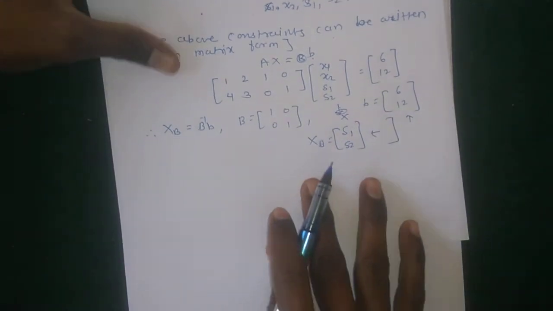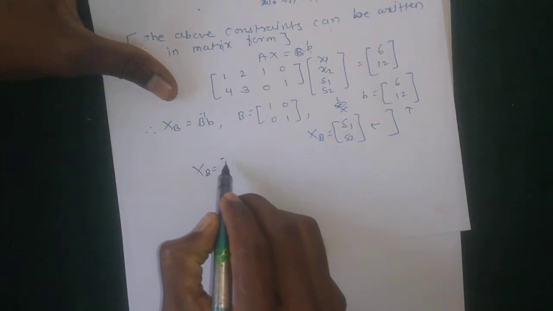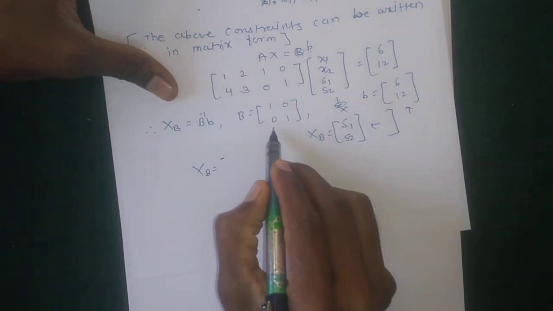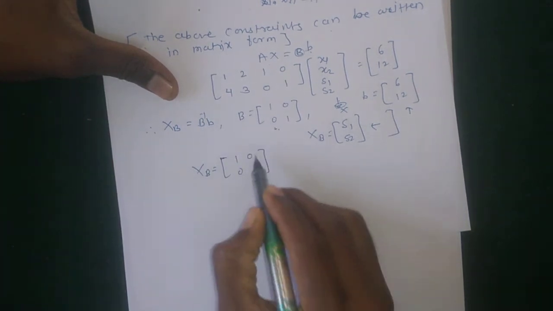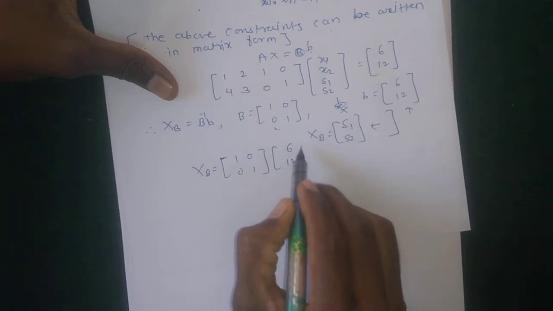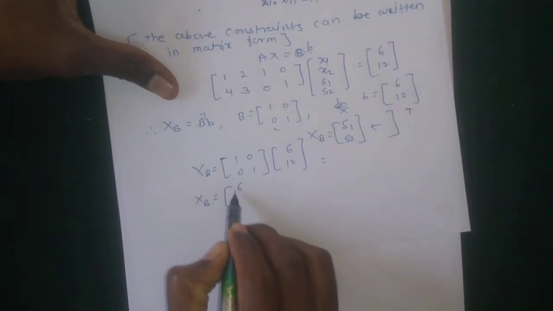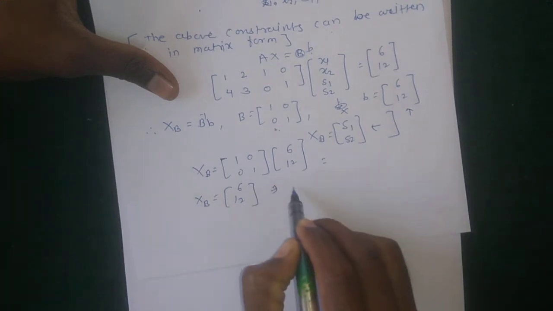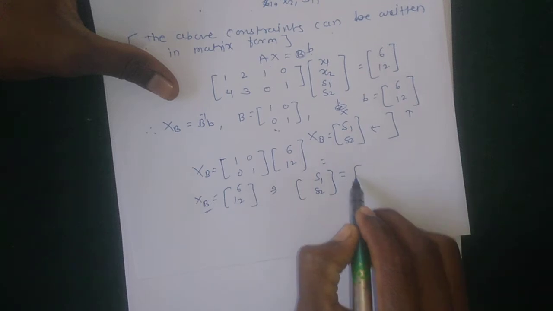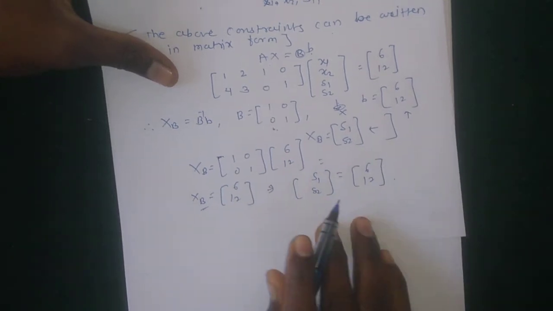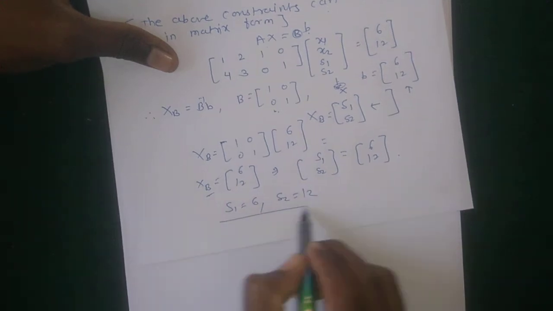So xb is equal to B inverse b, whose inverse is itself, 1 0 0 1, and b is 6 12. Therefore xb is equal to 6 12, which implies s1 is equal to 6 and s2 is equal to 12.